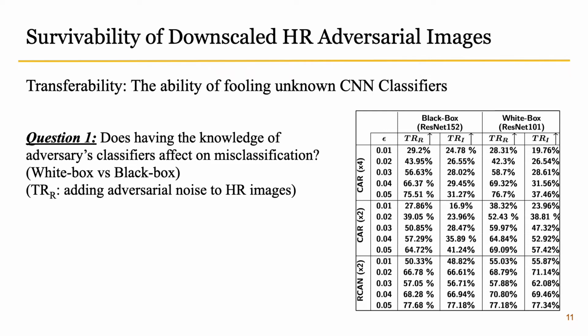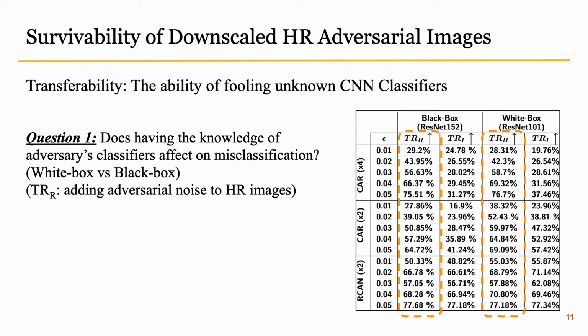In the white box scenario, we train adversarial images on original high-resolution images using a CNN, let's call it CNN A. Then we downscale them. After that, we feed CNN A with the super-resolved images generated by SRCNNs, and we measure the transferability. For the black box scenario, we give the super-resolved images generated by SRCNNs to another CNN, let's call it CNN B, and then we measure the transferability.